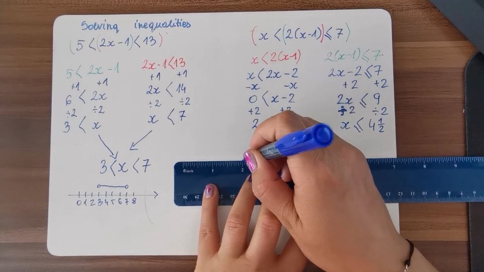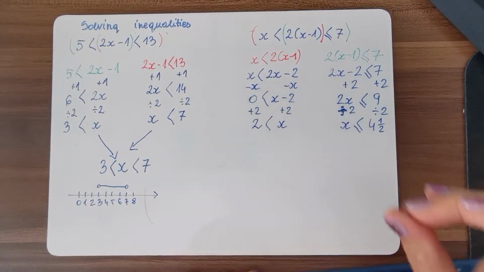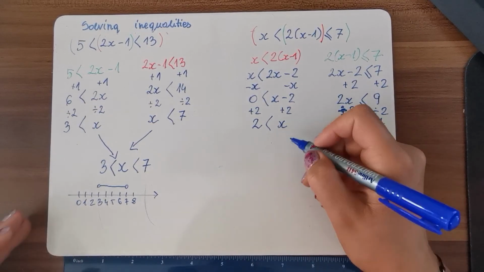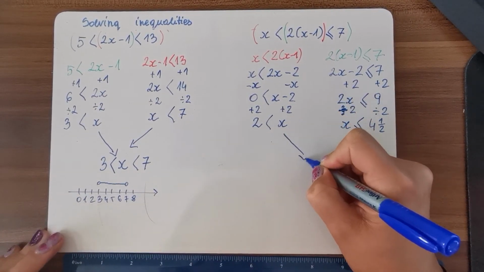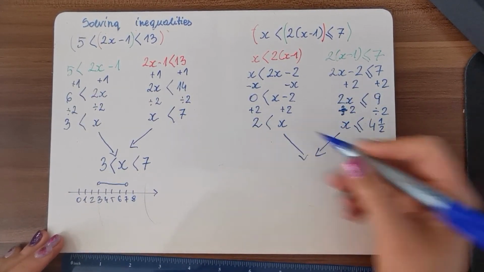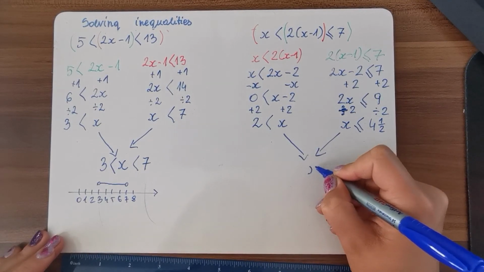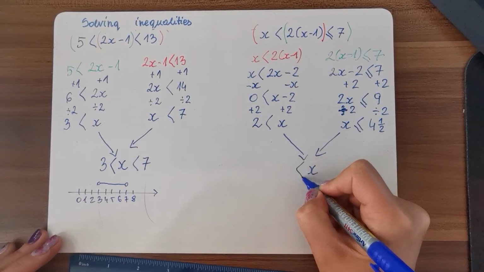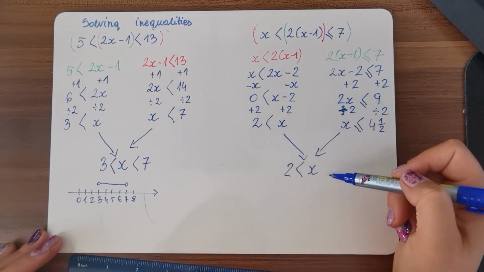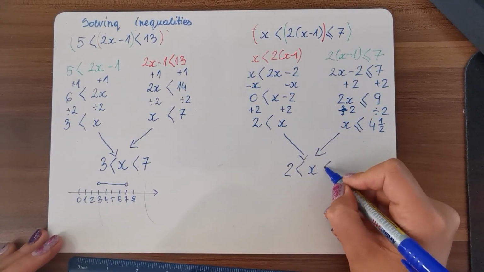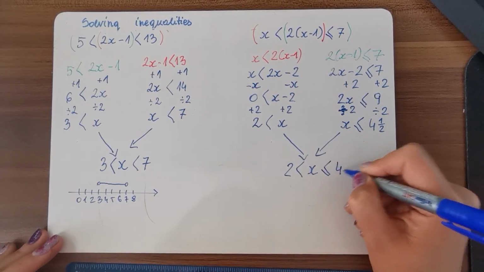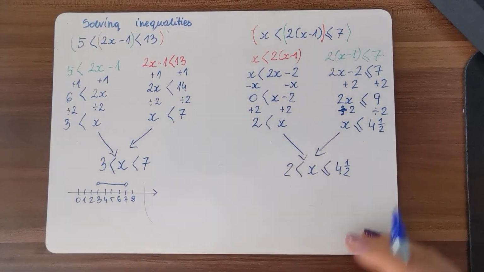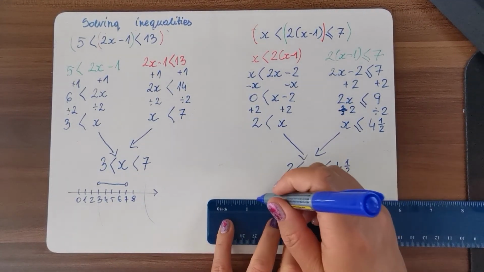Now, before I show the solution, we need to write it down as one inequality. So we will get x must be larger than 2, our first inequality, but smaller or equal to 4.5.